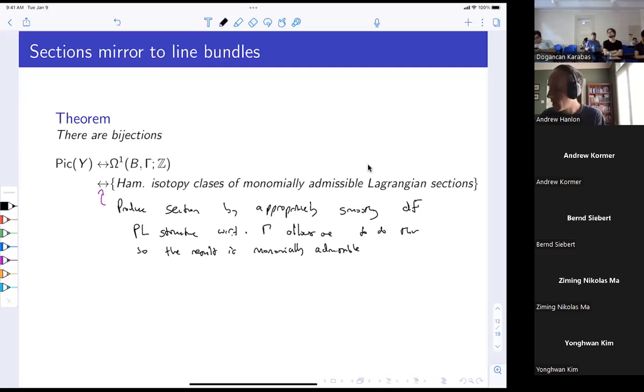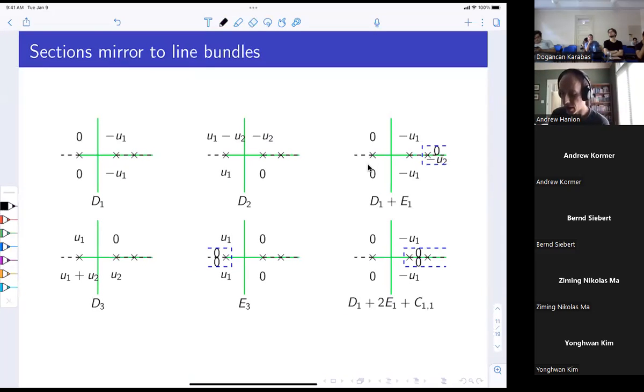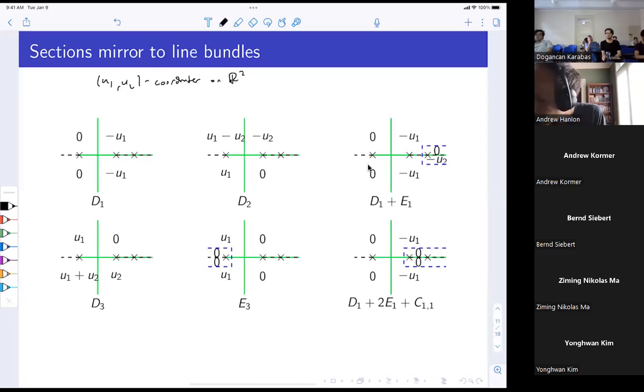Okay, so I have here an example, in the exact setting, of what these things look like. Here I've drawn some functions where U1 and U2 are coordinates on R2. This is some Looijenga pair which has a toric model, which is P1 cross P1.